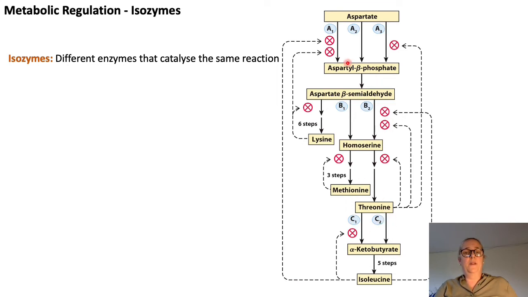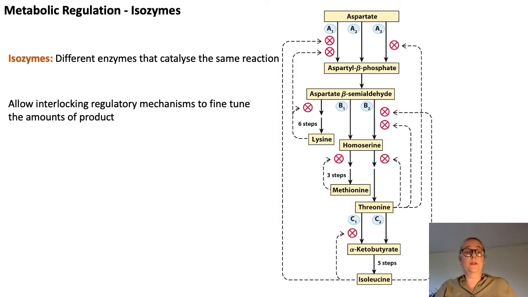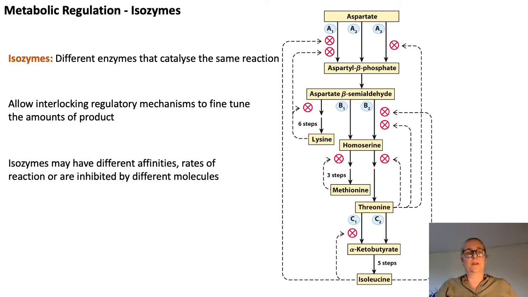What you notice is there are feedback effects. So when we accumulate a particular product, there is a feedback effect on a particular isozyme. And this allows for interlocking regulatory mechanisms to fine-tune the amount of products. Isozymes may have different affinities and rates of reactions, or are inhibited by different molecules.